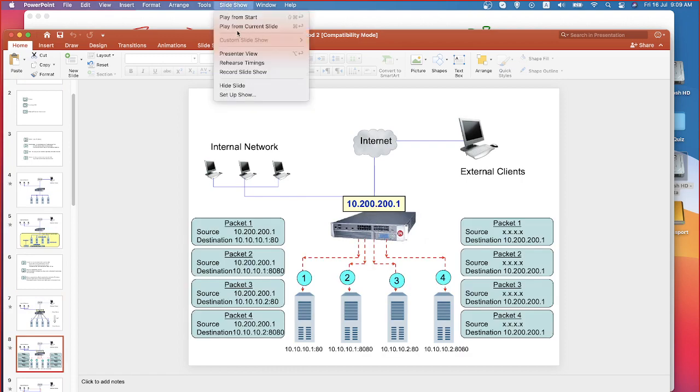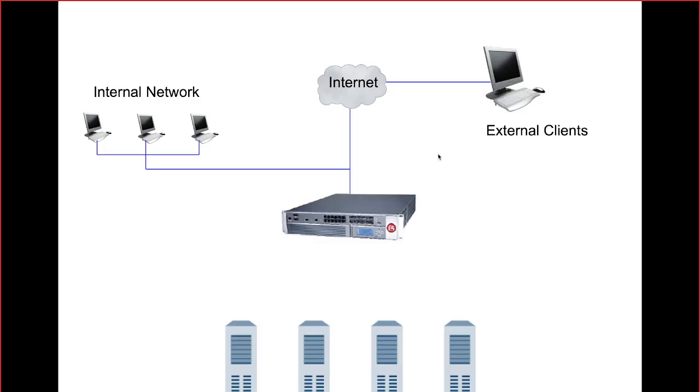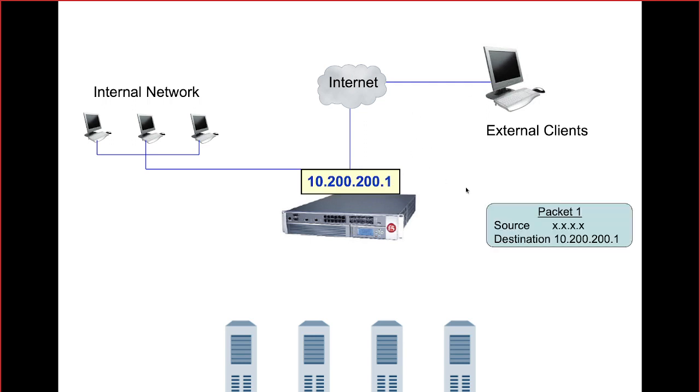And this scenario has been taken with the source IP address translation. Now, tell me, the request is coming from the external clients to 10.200.200.1. Do you think that the source IP address will be translated by default if no configurations have been done? No. You agree with that?